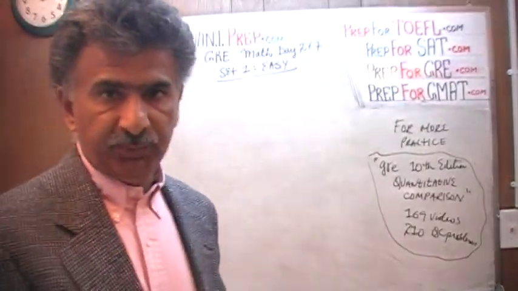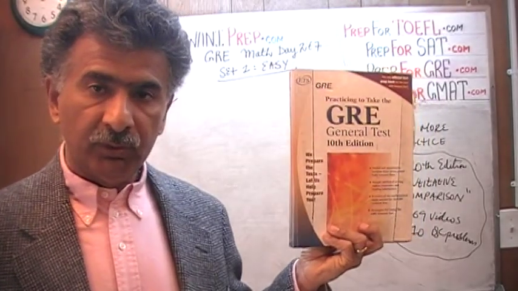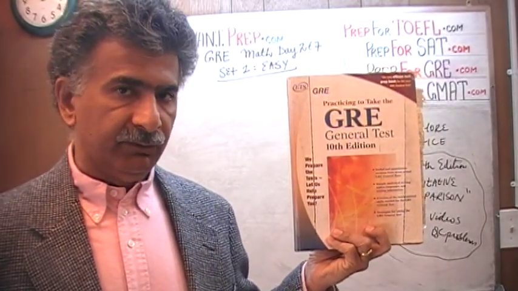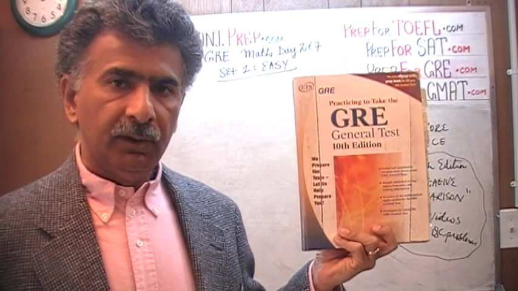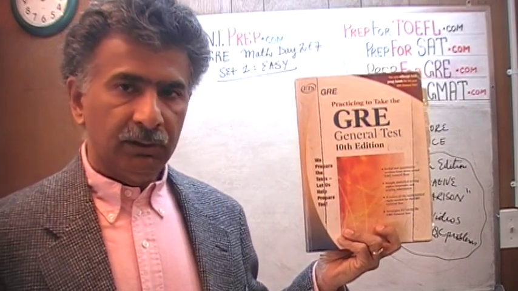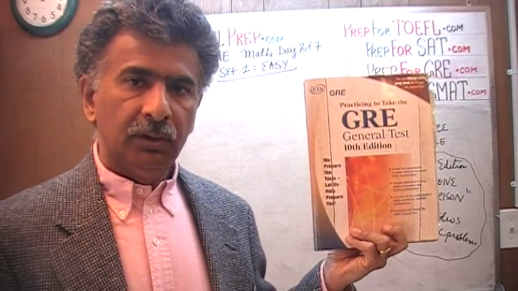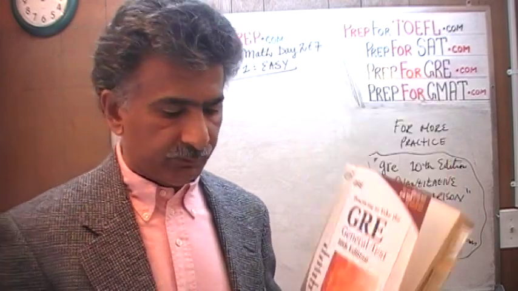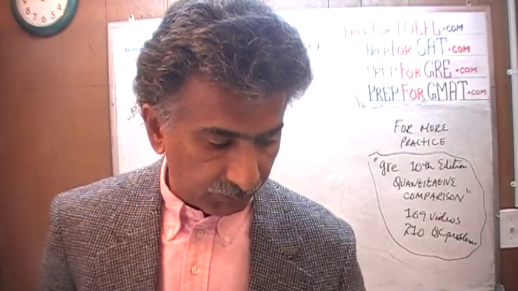And that's plenty of practice. This is the 10th edition. You don't have to actually worry about buying the book. It's right there. It has 7 exams, and each exam has 30 quantitative comparison questions. I have done all of those 7 exams, 210 problems. You'll find the solutions to those problems on my channel.